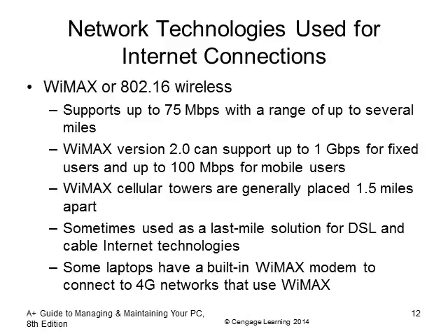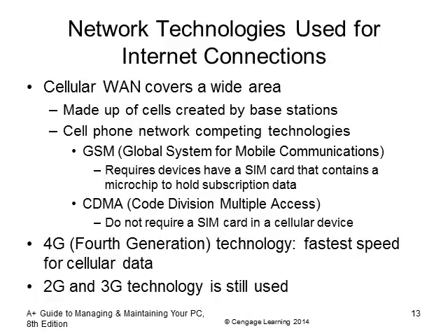Also note that some laptops have a built-in WiMAX modem to connect to 4G networks, and it's the 4G network that uses the WiMAX. Cellular WAN covers a wide area made up of cells created by base stations. Cell phone networks have competing technologies. GSM, Global System for Mobile Communications, requires devices to have a SIM card that contains the microchip that holds the subscription data.